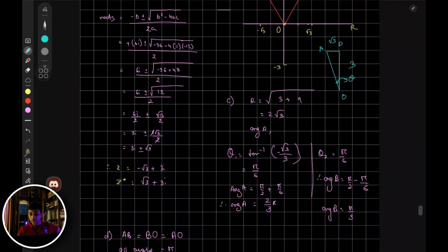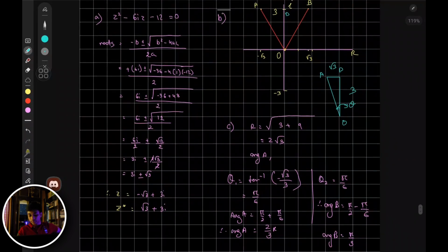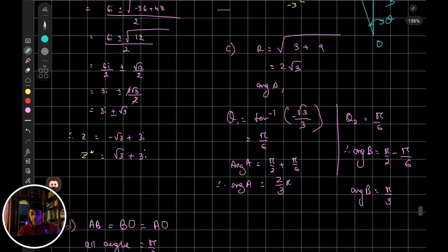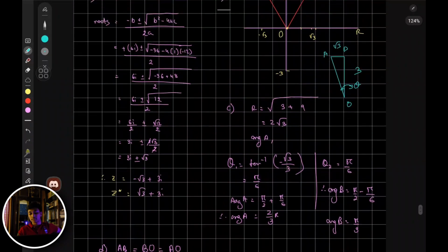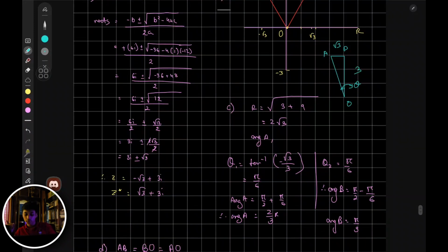So now you can find tan inverse of root 3 by 3, where you can omit this minus sign because you're just trying to find the theta. You don't need the minus sign. So now you have tan inverse of root 3 by 3. Now the theta that you get is pi by 6. So this theta is pi by 6.